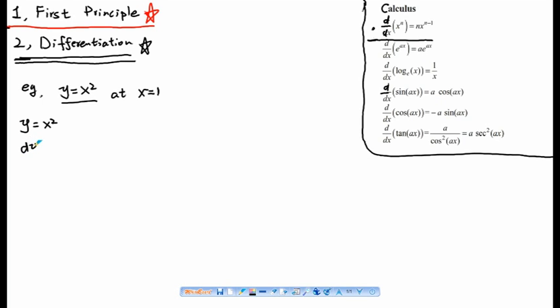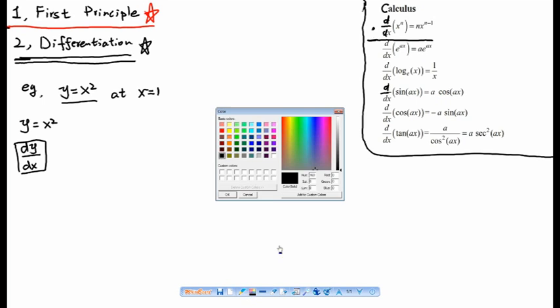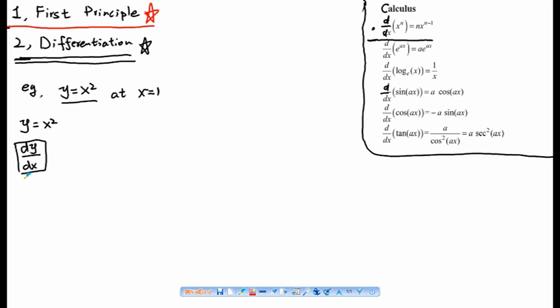The symbol is dy on dx. This is the symbol for differentiation, and it equals 2x using the formula here.